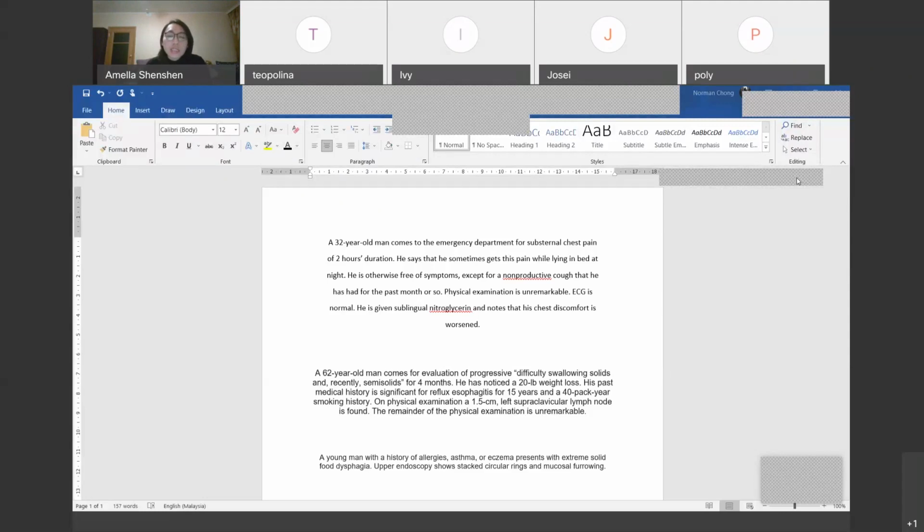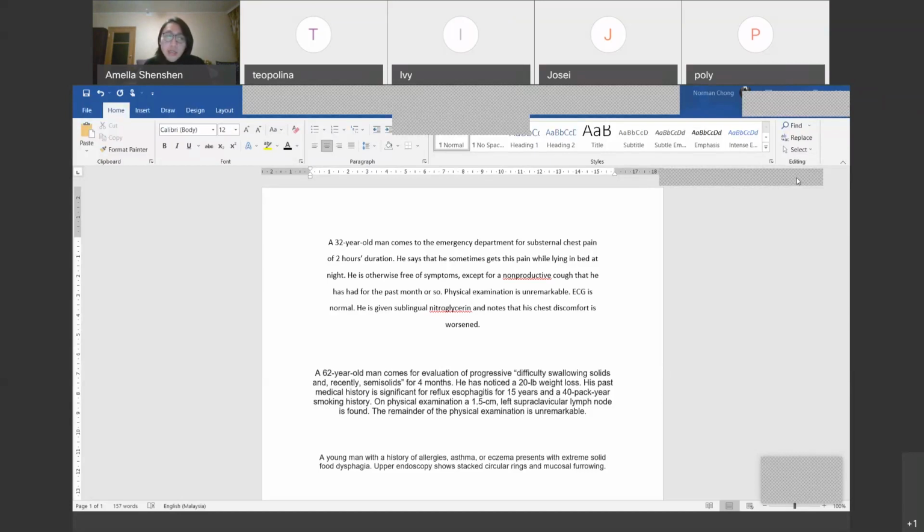What is the symptom that stands out from other symptoms, other complaints as well? It is the lying in bed, and the chest discomfort becoming worse, because nitroglycerin is supposed to help in angina, right?